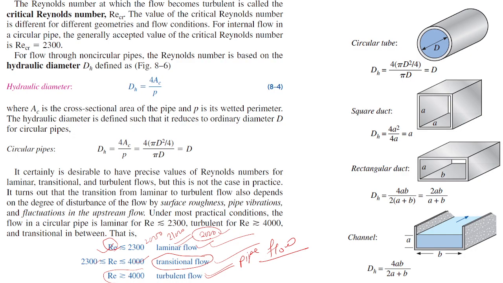So what is actually the characteristic length? Every time your pipe is not circular; sometimes square, sometimes rectangular, or sometimes a channel, open channel. So how will you calculate this characteristic length?